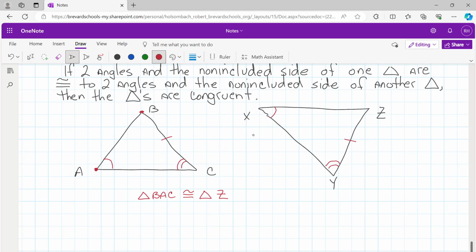So we're going with angle X in the triangle on the right, and then angle Z, X, and finally Y. Triangle BAC is congruent to triangle ZXY by, this is angle, angle, side congruence.